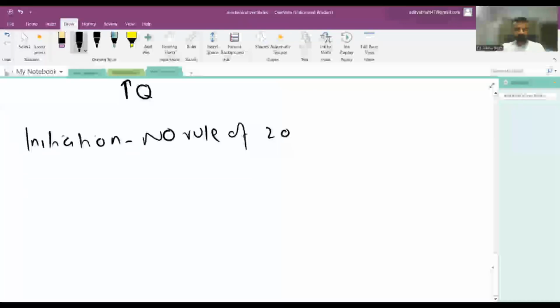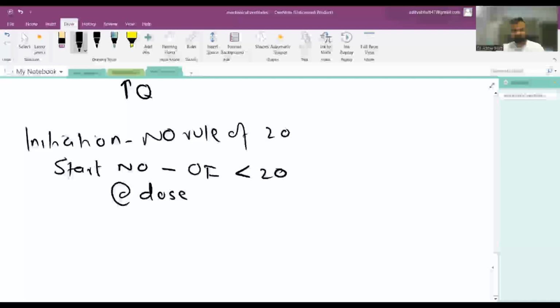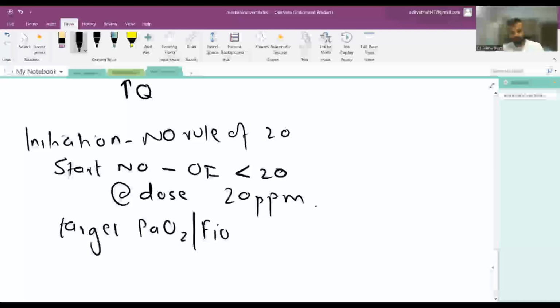Start nitric oxide when oxygenation index is more than 20 at a dose of 20 parts per million, and the target PaO2 to FiO2 ratio should be more than 20 millimeter of mercury.